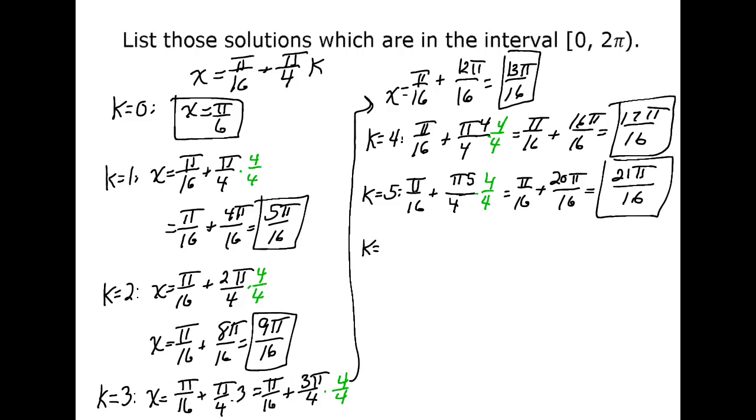If k is 6, then we have pi over 16 plus, well, I think you're getting the hang of this. The other ones that we end up with would be 25 pi over 16 and 29 pi over 16. So I'll leave you to find those on your own.